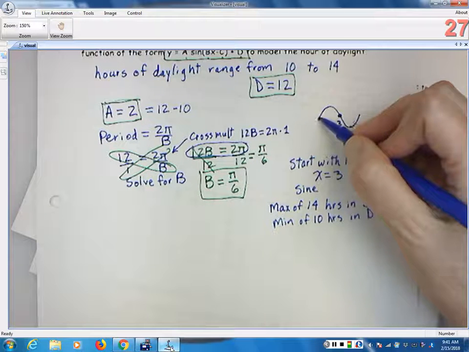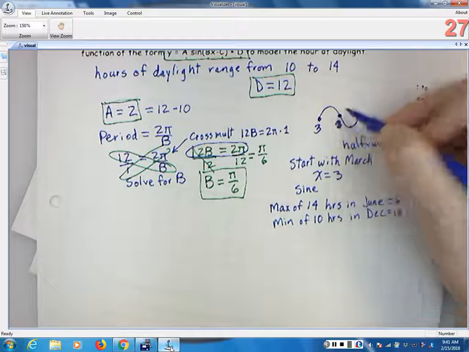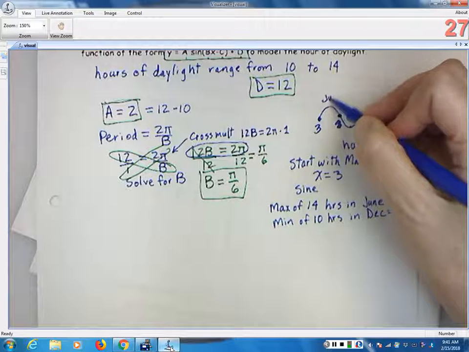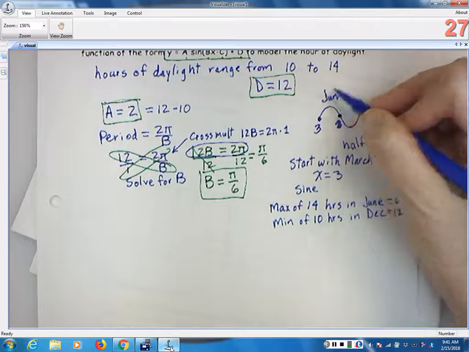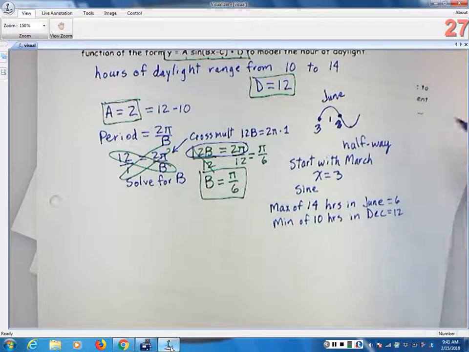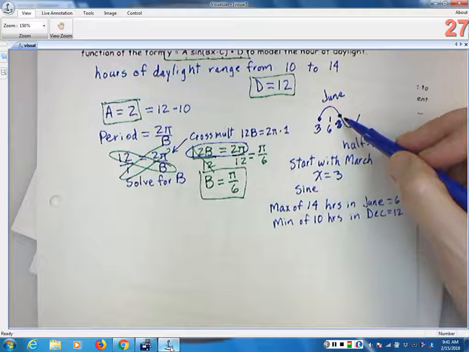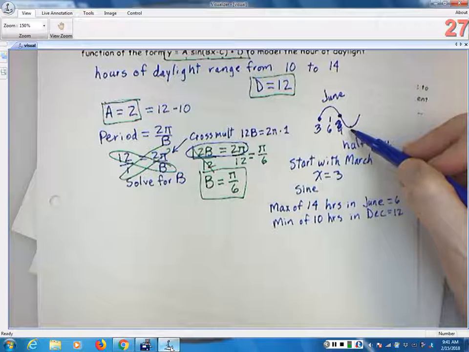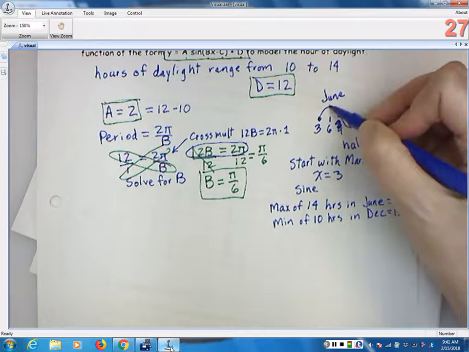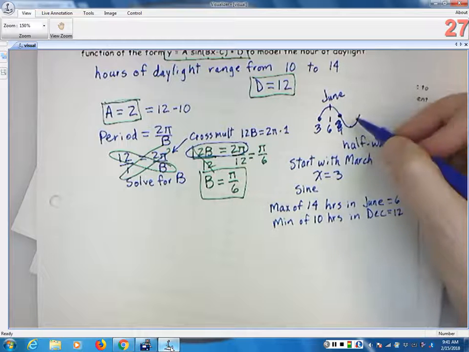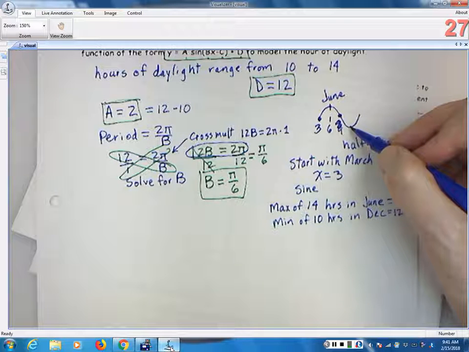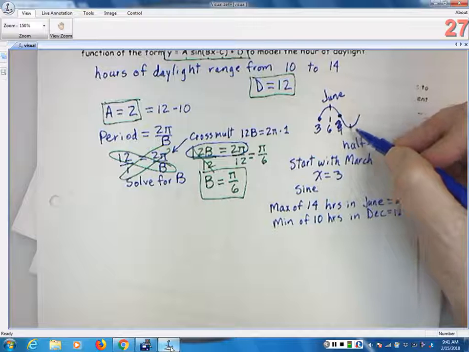We got to start at 3 and go to a maximum in June, which is 6. And then this will be 9. The max is in June, and the next thing is the minimum in December, 12.